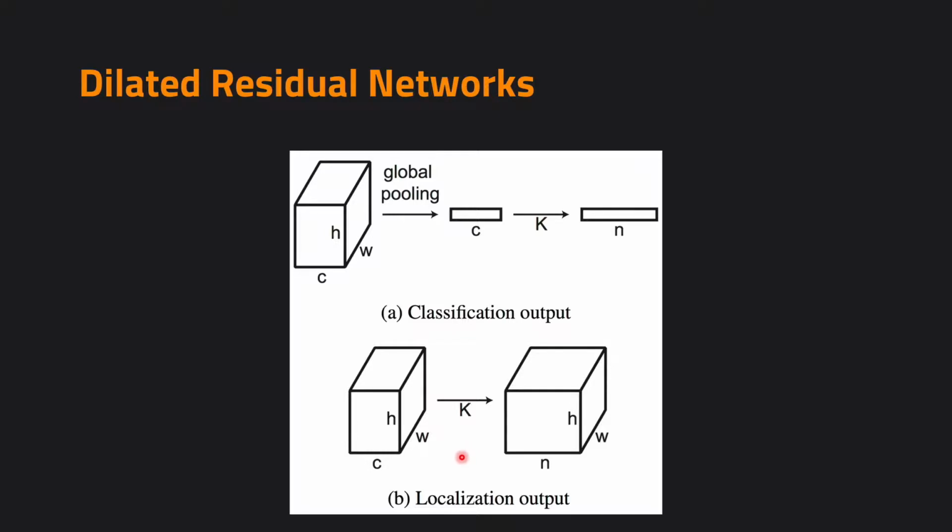Another interesting property is this: here is the feature activation, and this is the classification network that classifies this C channel one-dimensional signal. If we remove the global pooling and directly apply this classification at each location on the feature map, then we get a class activation at each location of the feature map.